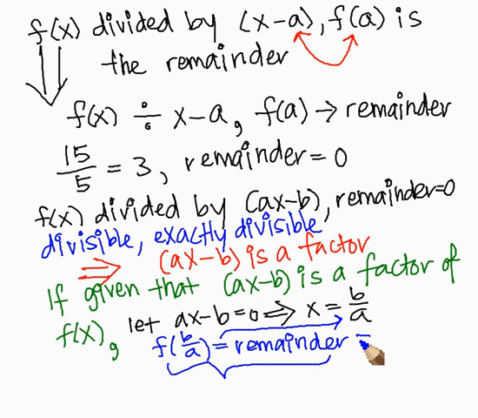This is the remainder, and the remainder must be 0 because we talk about factors. So this is actually true in both ways. Factor means remainder 0, and if we don't know it's a factor, we can call it a factor then.